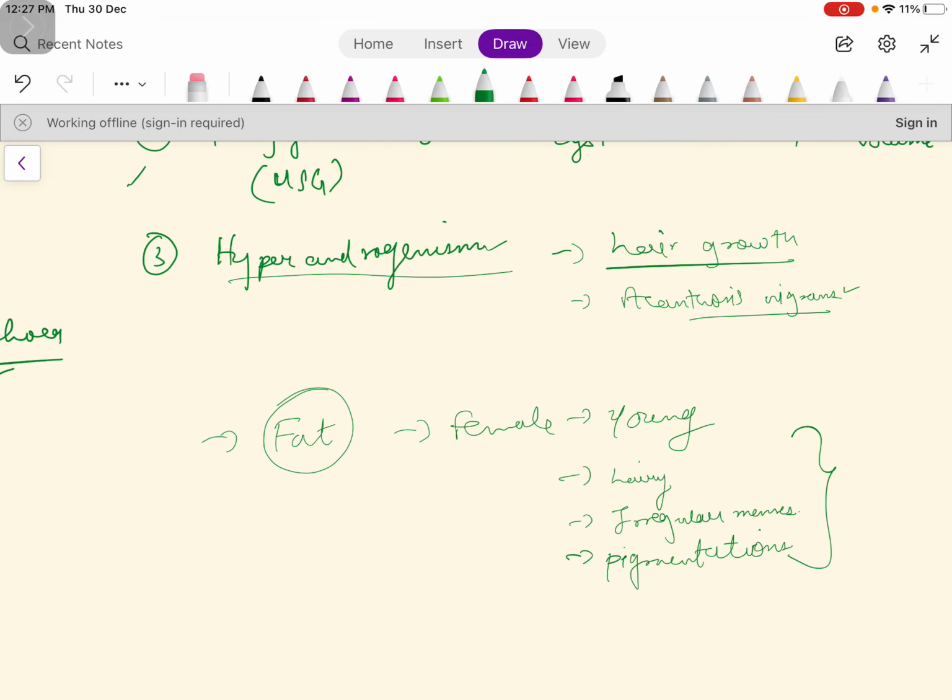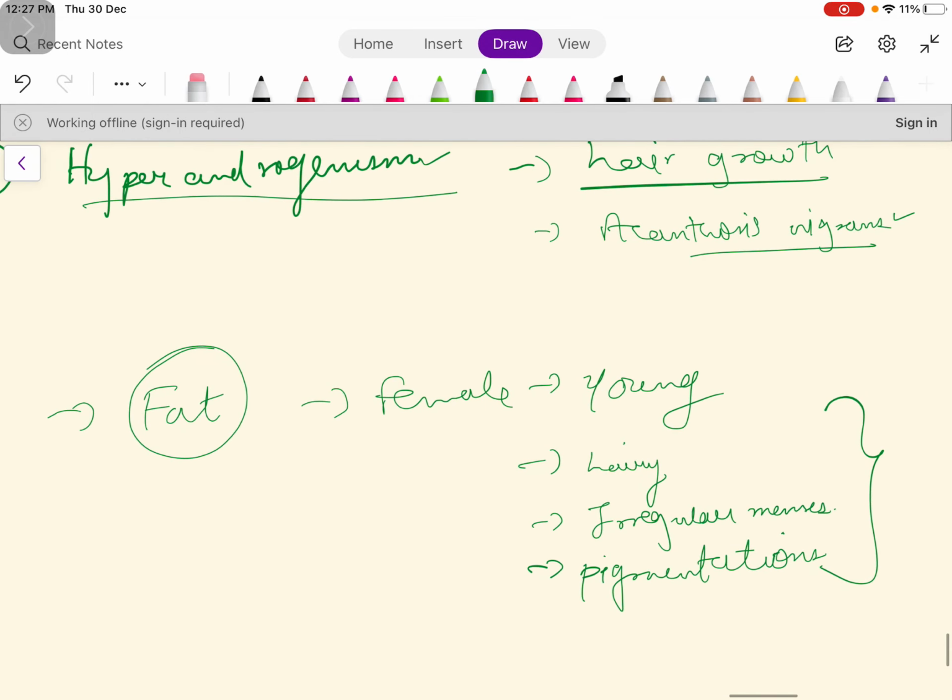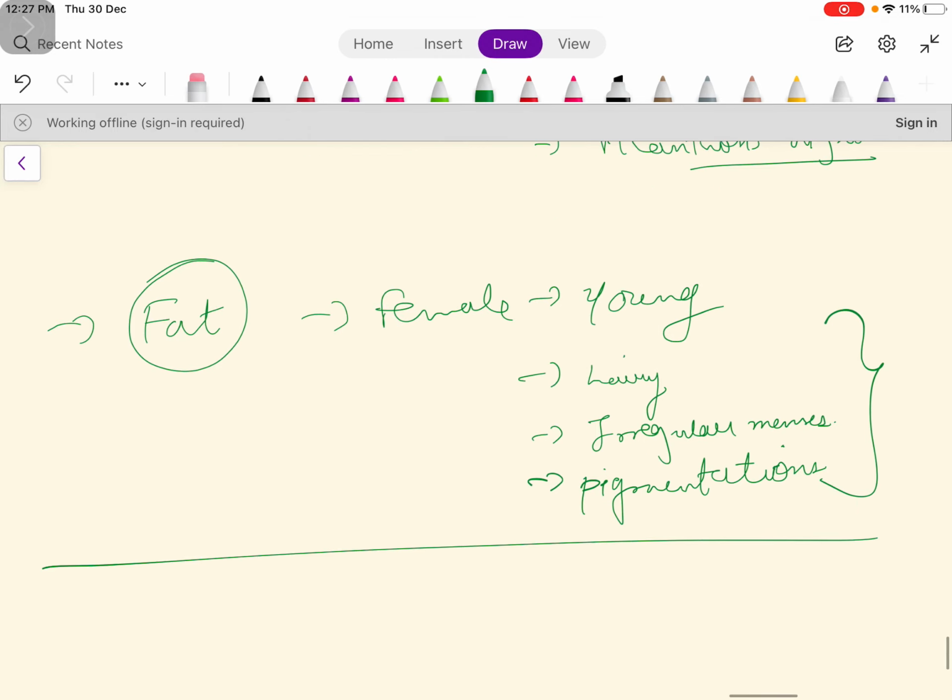So this disease makes a female look very unacceptable to herself, she won't like her look because of this disease.